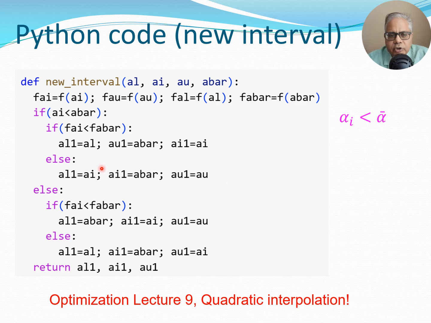Similarly, it's going on here. So there is a lower bound, an upper bound, and a midpoint here. All these four conditions are there. At the end, this function simply returns AL1, AI1, and AU1. Python has this nice feature that you are able to return, for example, a tuple of numbers. And then when you invoke this function, you simply get this tuple.